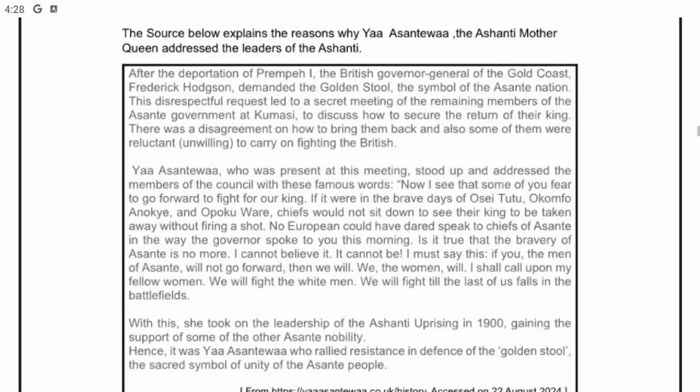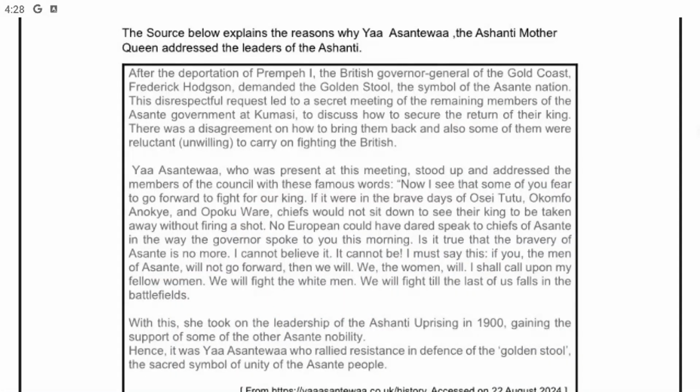It says after the deportation of Prempeh I, the British Governor General of the Gold Coast, Frederick Hodgson, I'm sure I'm pronouncing it right, demanded the golden stool, the symbol of the Asante nation.